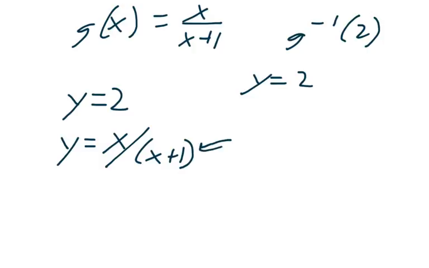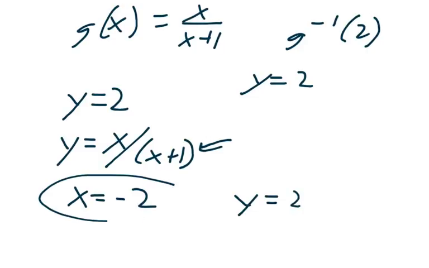Remember to make sure that this is in parentheses. When you find the intersection, you need to move close to the actual point. So they'll tell you that x equals negative 2 when y equals 2. So x equals negative 2 is my answer.